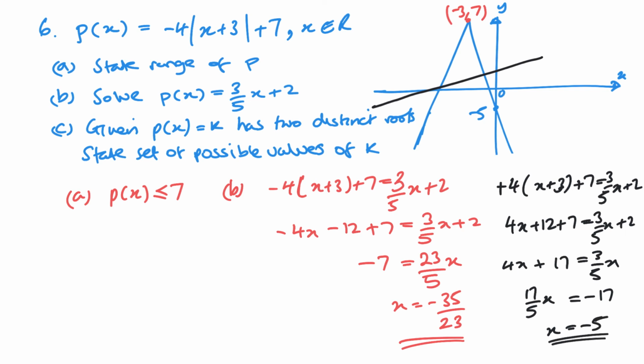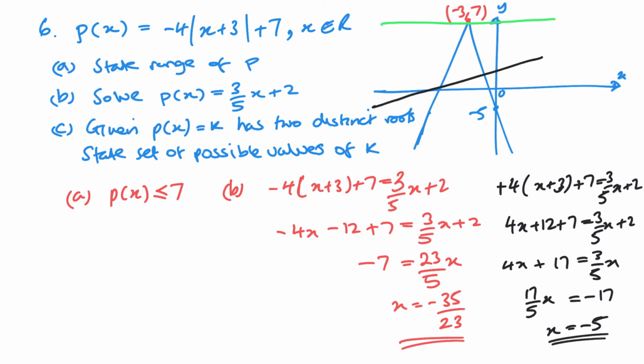And then final question, let's use green. So p of x equals k has two distinct roots. So we're looking at y equals k. This is just like y equals 4, y equals 5. We're really looking at here y equals 7, aren't we? y equals 7 there, that would be one root.